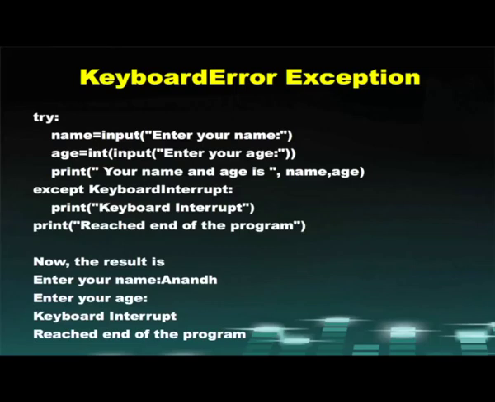When the same code is rewritten to handle the exception, see what you are getting. When you run the same program again and press Ctrl C before entering the age, the exception is handled and the program is terminated gracefully.